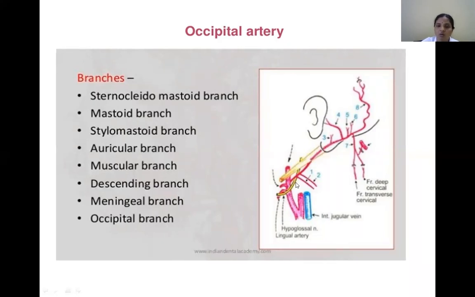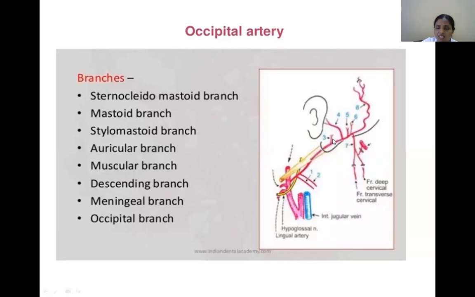So this is the extent of the occipital artery, from its origin on the posterior aspect of the external carotid artery to the mastoid bone. On its course, it ascends and first provides sternomastoid branches. Then at the mastoid bone, it provides a mastoid branch.